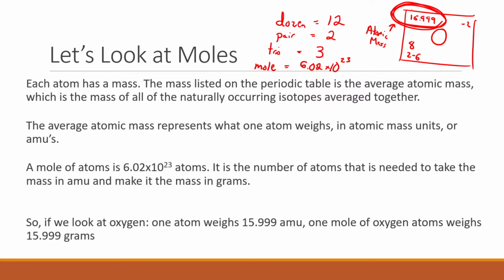And when we look at the atomic mass, we know that that means the average of every isotope, right? The weighted average of all the naturally occurring isotopes make the atomic mass. And that's what one atom, on average, weighs. One atom of oxygen weighs 15.999 AMU, right, which is atomic mass units.